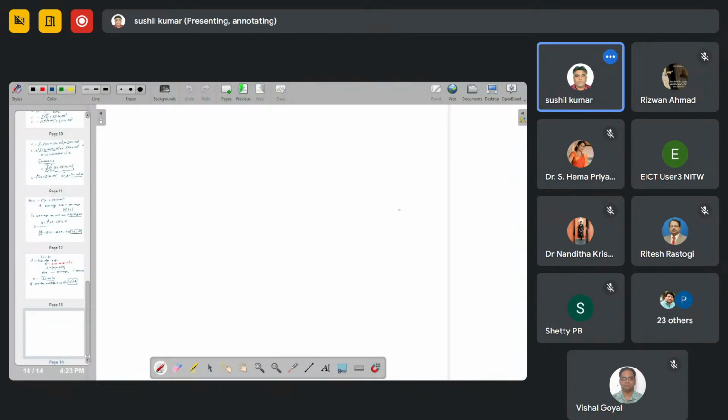So here I will write: compute the PCA of the following data.